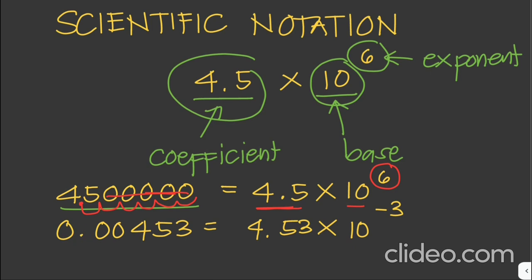We need to write the coefficient between 1 and 10. It should be greater than 1, but less than 10. So we can move our decimal point to the right, 1, 2, 3. Then we write our decimal point here. That would give us 4.53 times 10, our base, to the power of 3, because we moved it 3 times. And since we moved it to the right, the exponent is negative. So that would be 4.53 times 10 to the negative 3.